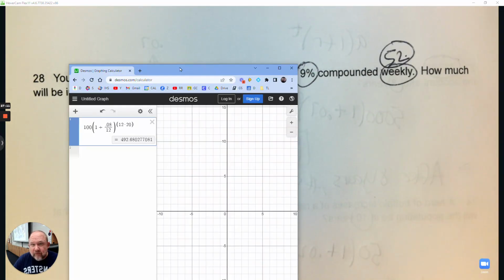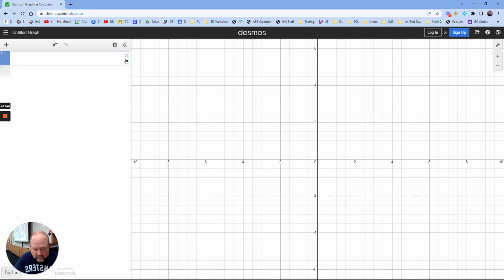Now we go to Desmos and type it in. So it's 500, 1 plus 0.09 divided by 52. Make sure you use parentheses, then 52 times 10, and you get $1,228.85.